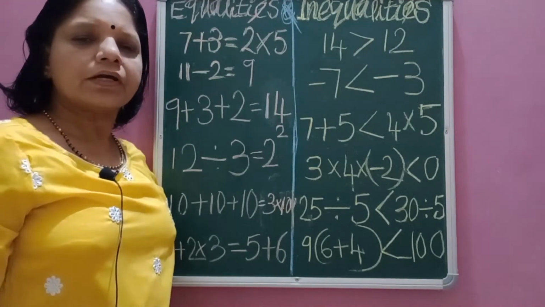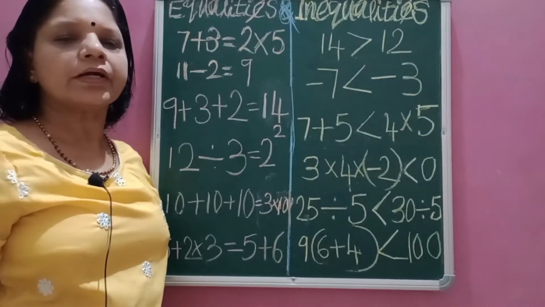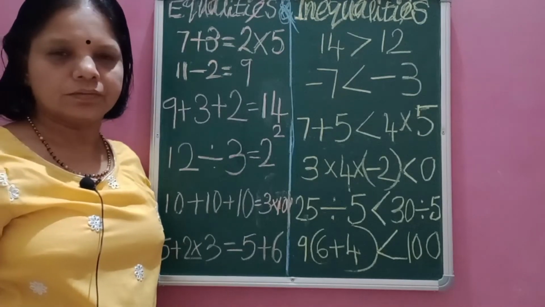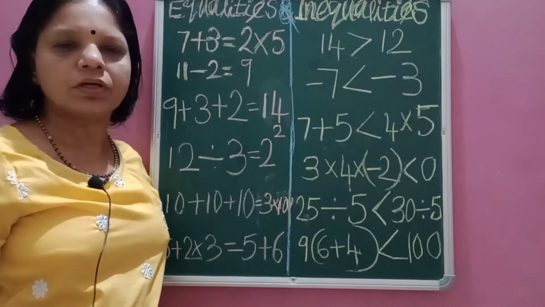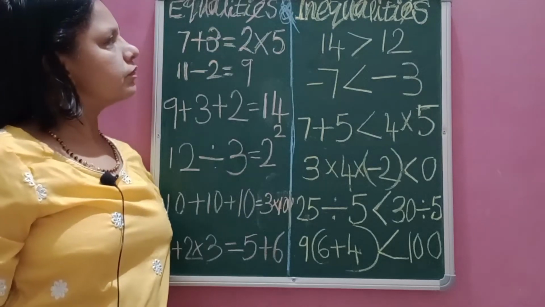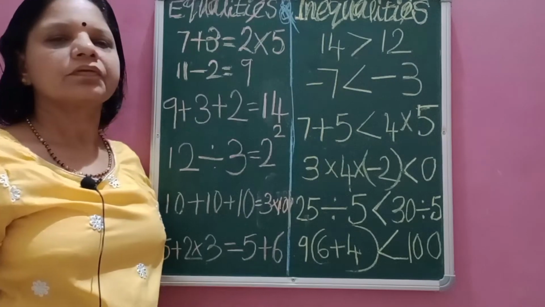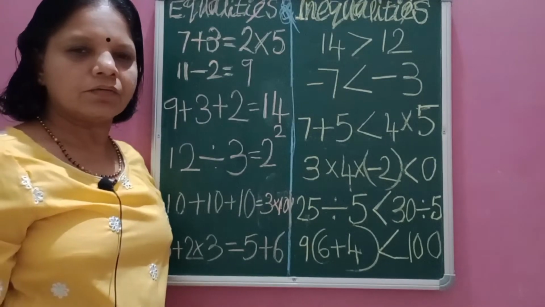So here, when the values of two numerical expressions are equal, then it is represented by an equal to sign. That is called equality. So in equality, what is there?